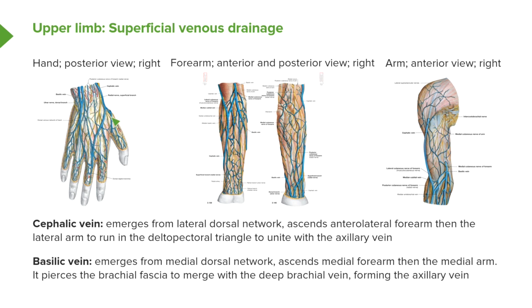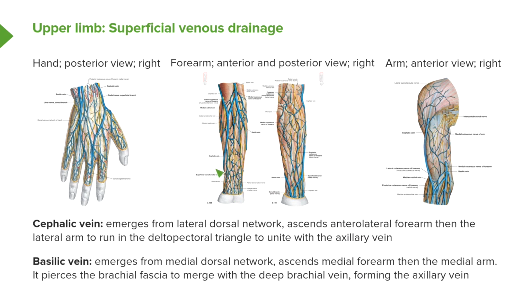We can see we have this more lateral dorsal network here, and we have a more medial dorsal network here. But these are all receiving veins coming from the digits. The cephalic vein is formed from this lateral dorsal network, and it's going to run up the lateral aspect of the forearm. It ascends the anterolateral aspect of the forearm.